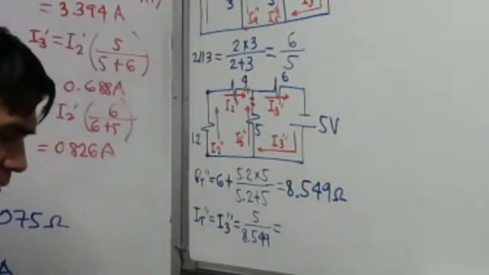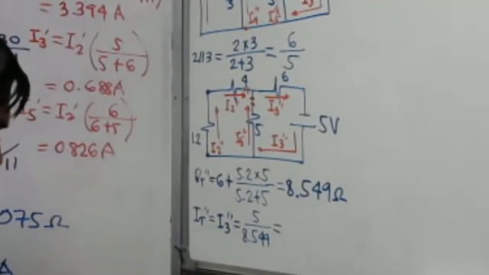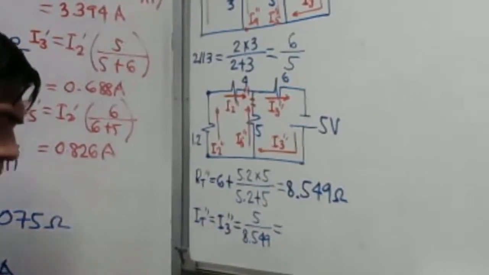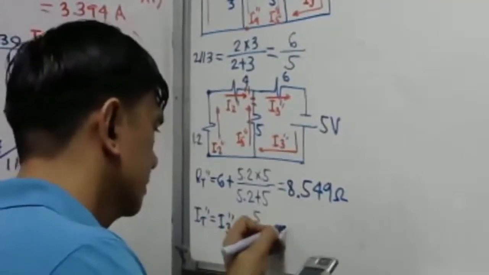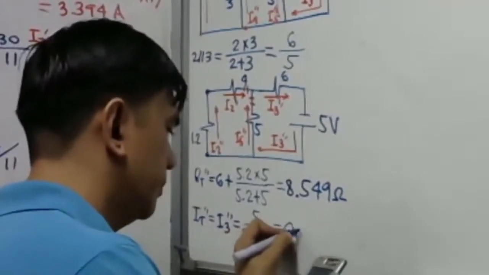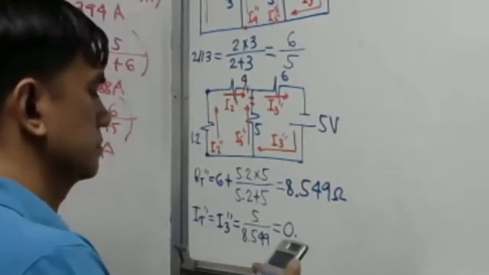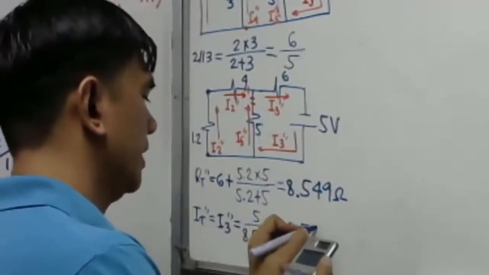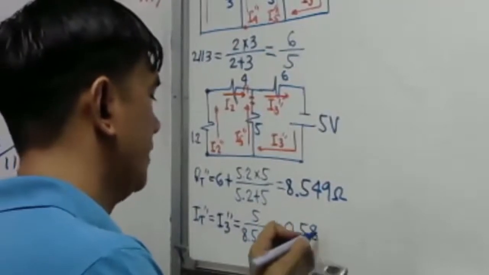So that is equal to 5 divided by 8.549 equals 0.58485 already.